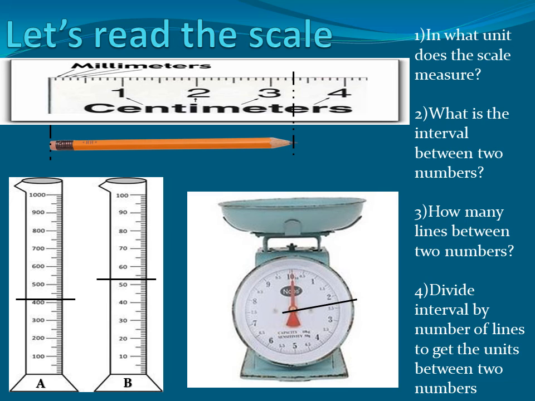Now, let's divide the interval by the number of lines. Remember I said earlier the number of lines is 10. 1,000 divided by 10 is what? Good job, it is 100. So the lines in between those two numbers will represent 100 grams each. So the units represent 100.